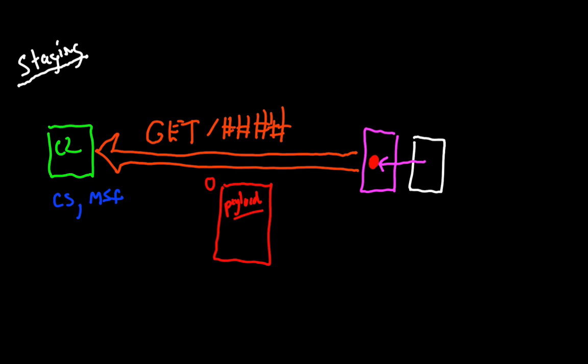This is the Metasploit framework staging protocol. And if you make that kind of a GET request on a Metasploit framework handler, you will get back a Meterpreter payload. If you make this kind of request on a Cobalt Strike web server, by default, you will get back a Cobalt Strike Beacon payload.